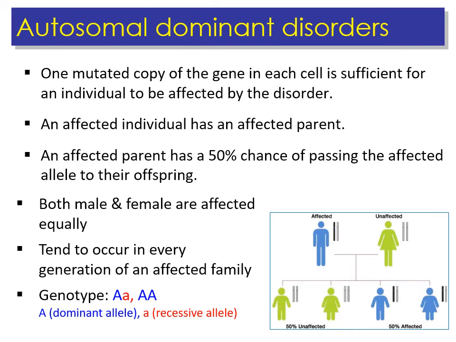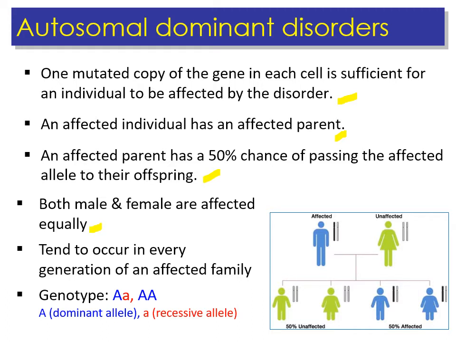Here are the characteristics for autosomal dominant disorder. One mutated allele is sufficient for a person to be affected by the disorder. An affected person has an affected parent, which can be either the father or mother. An affected parent has a 50% chance of passing the mutated allele to their offspring.